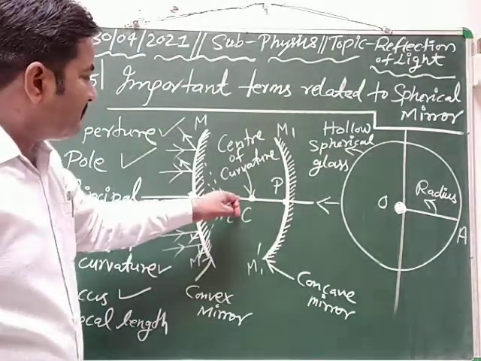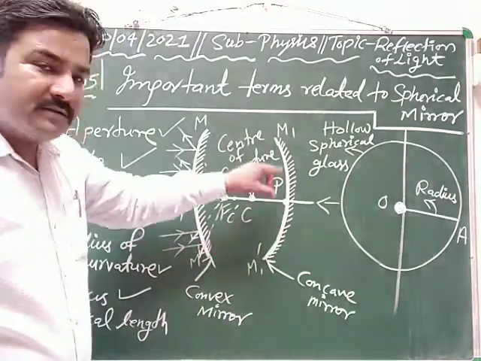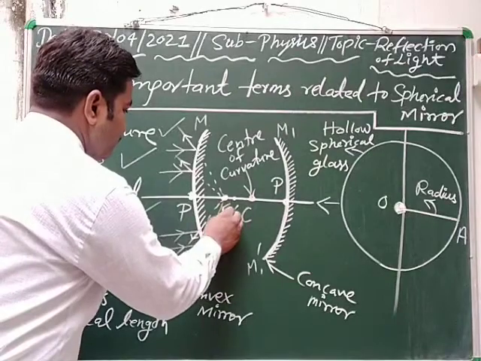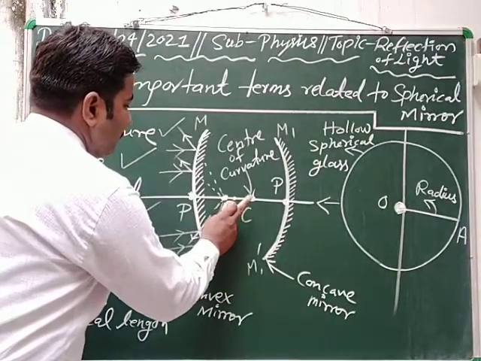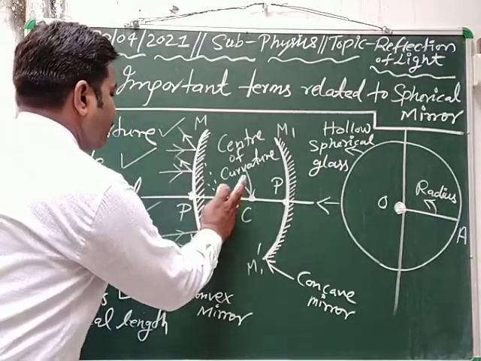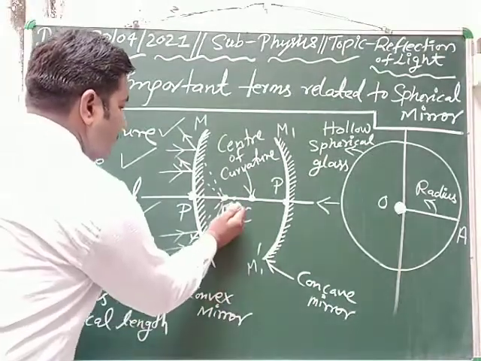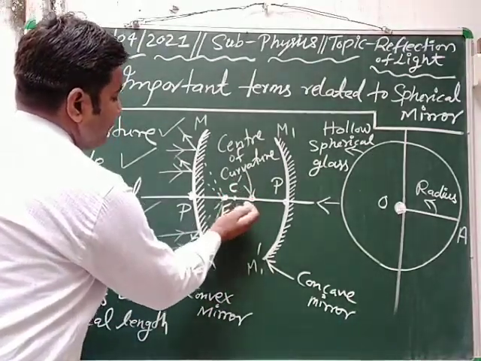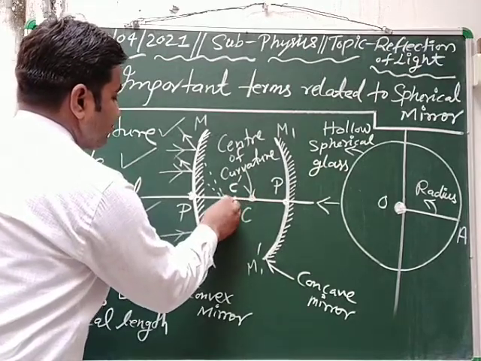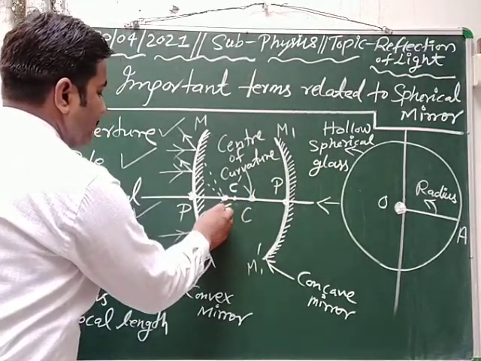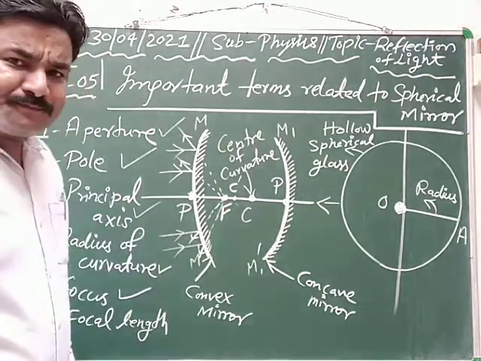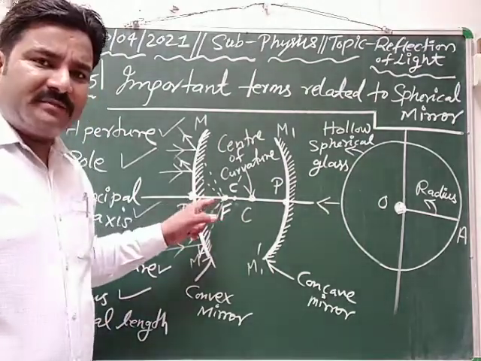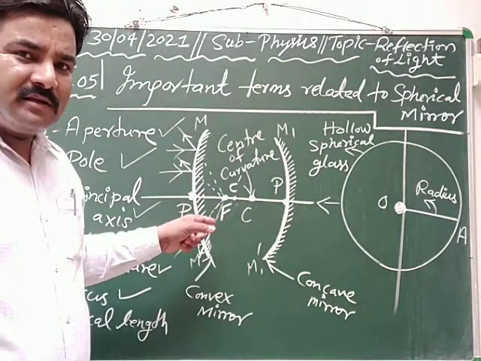Here C dash is the center of curvature of this mirror, no matter. This is F, written here. And this one C, I am writing upward for more clarity. So focus point, clear? Focus is a point on the principal axis.